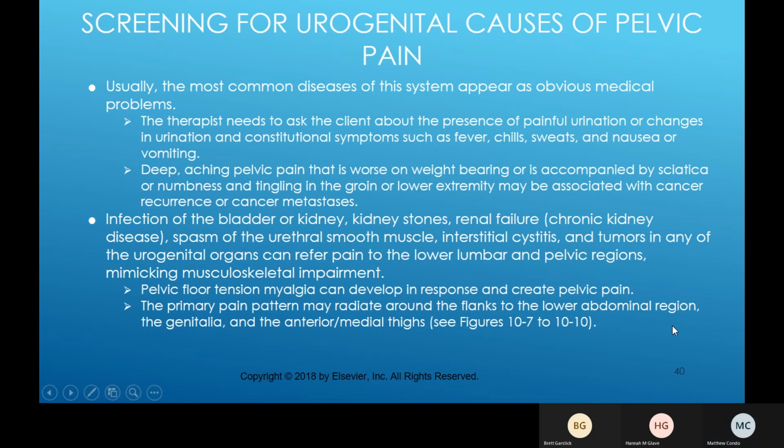Again, are you having any bowel or bladder changes? Yeah. Every time I use the restroom, it really burns. That's probably not an SI problem, right? That's probably something like a UTI. Just be very, very cognizant of all that.